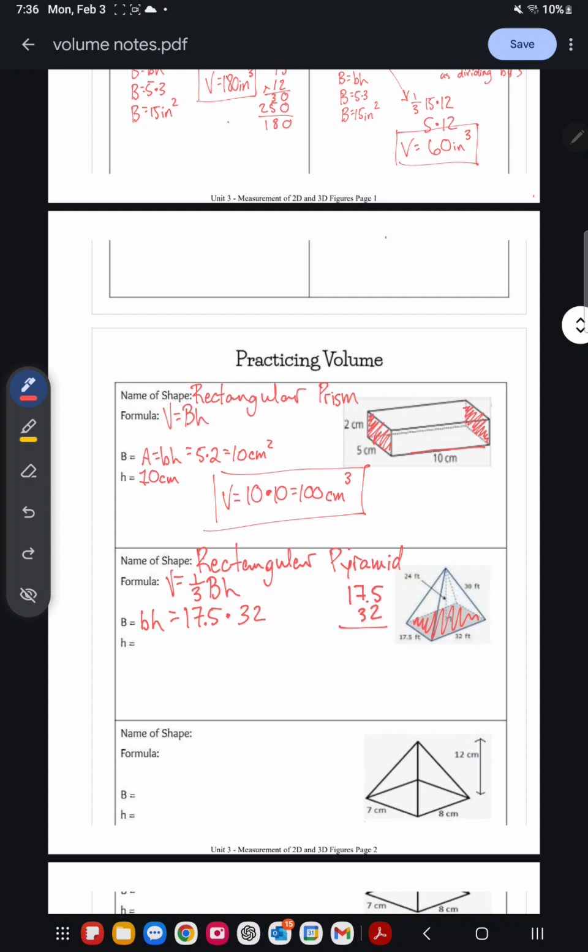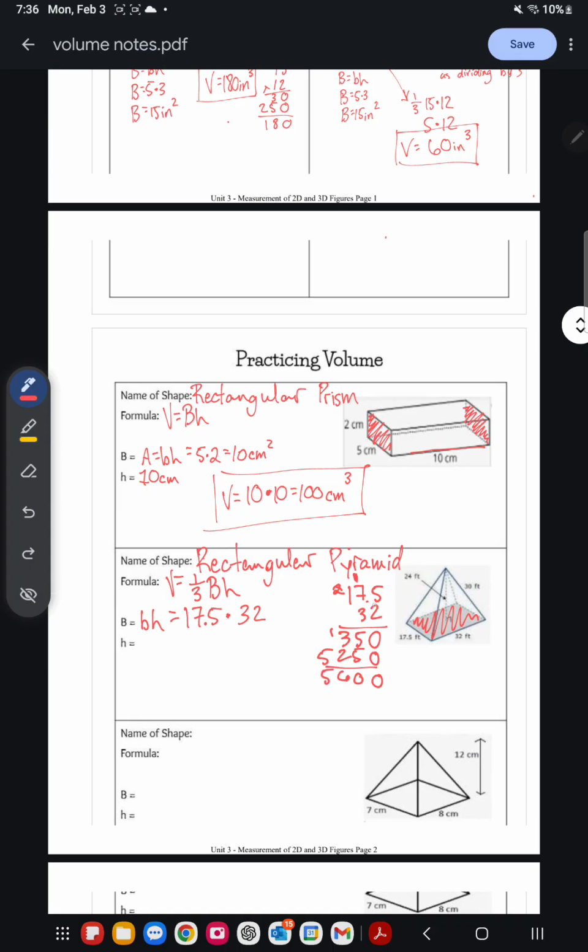Fewer digits goes down below. More digits goes on top. 2 times 5 is 10. Regroup. 2 times 7 is 14 plus 1 is 15. Regroup. 2 times 1 is 2 plus 1 is 3. I'm moving over a place value. Drop my 0. 3 times 5, 15. Regroup. So 3 times 7 is 21 plus 1 is 22. 3 times 1 is 3 plus 2 is 5. Add everything up.